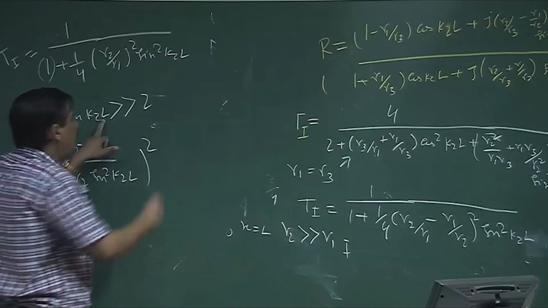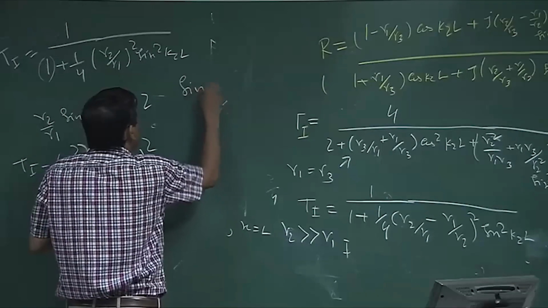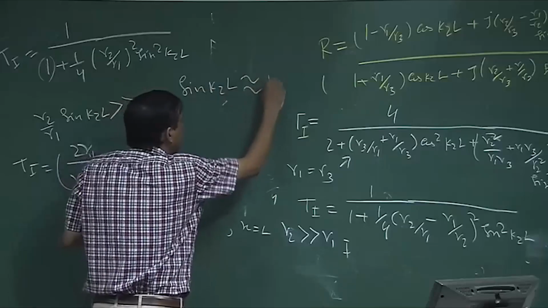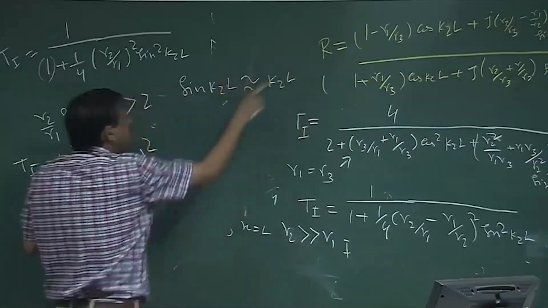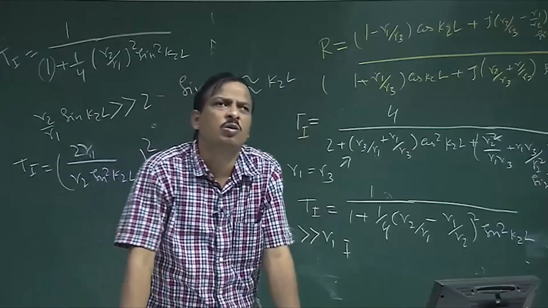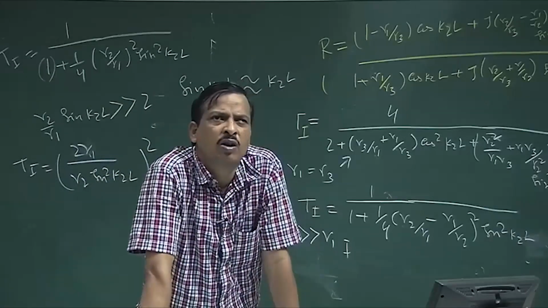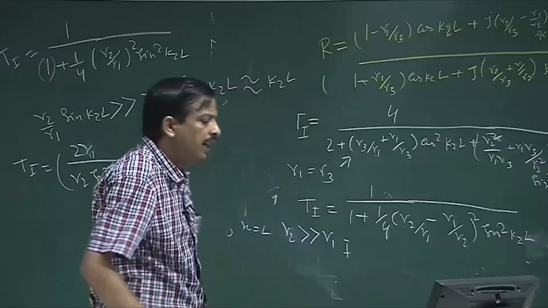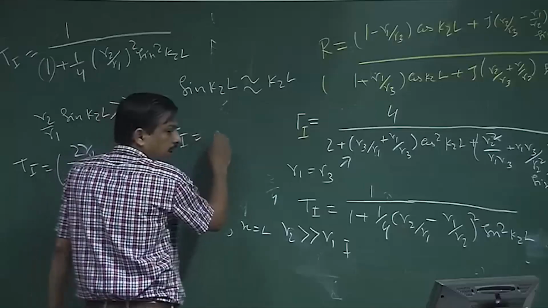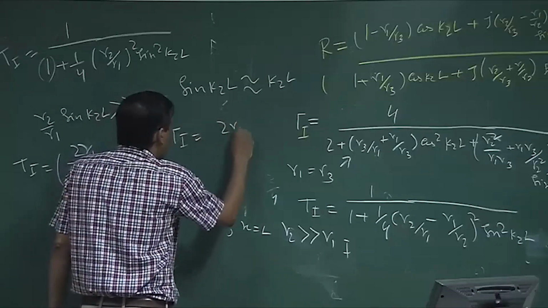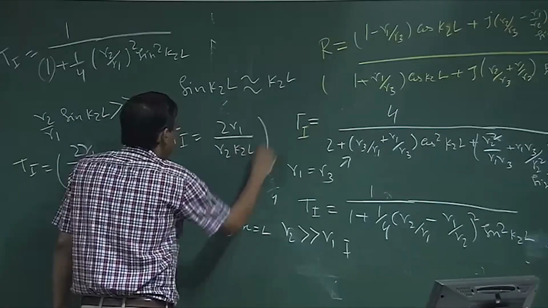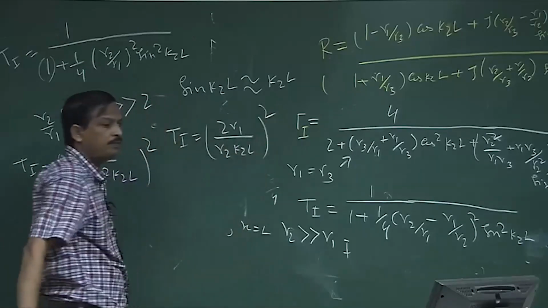Now if K2L is small, sin theta is almost equal to theta, so sin K2L is almost equal to K2L. Then I can say that Ti is nothing but 2 R1 divided by R2 K2L, whole square.